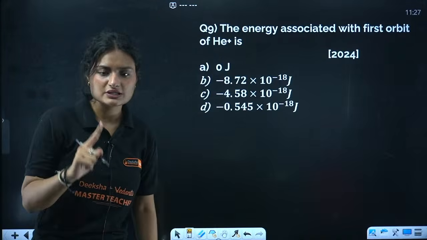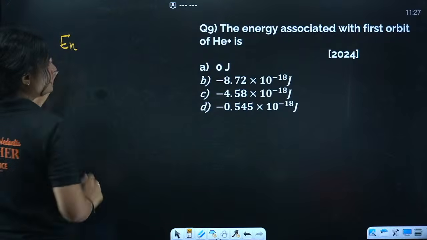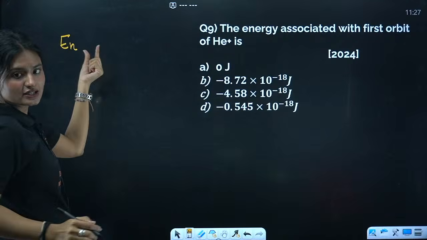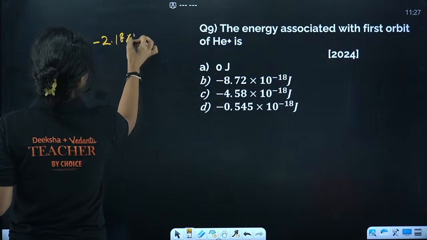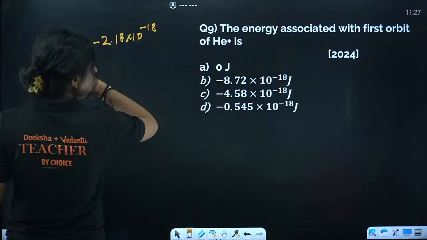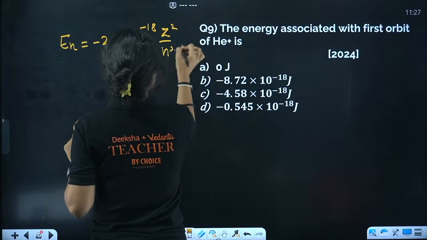Next question: the energy associated with the first orbit of helium. You should know there are two energy relations for the nth orbit. For the nth orbit, the energy is -2.18 times 10 raised to power -18 times Z squared by n squared, in joules.